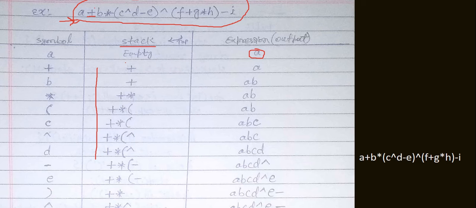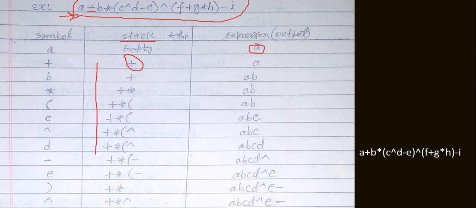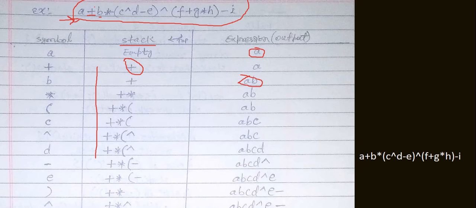As you can see, plus is in the stack, and then at the next position this is an operand, and the operand is concatenated with the output. Now the next element is an operator, so the process is the same: just push it into the stack, and this position is the top position, as I mentioned.